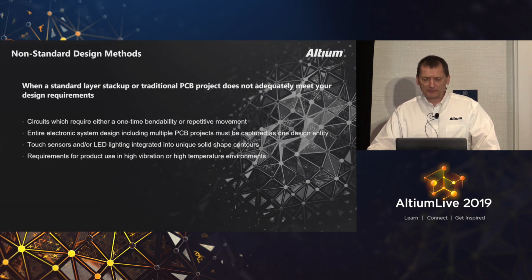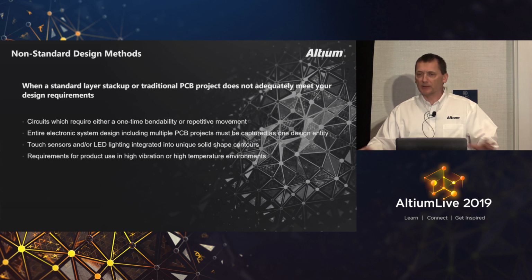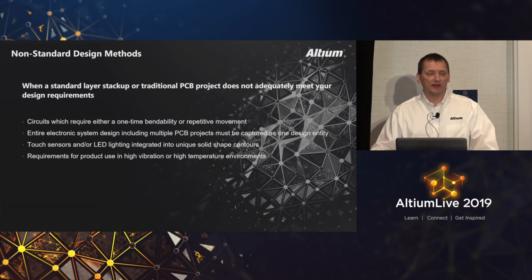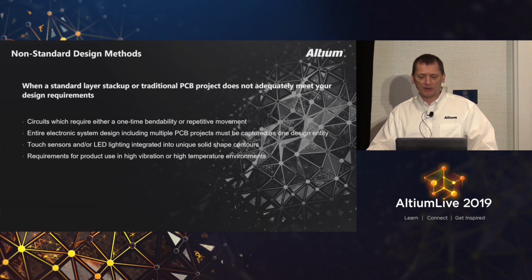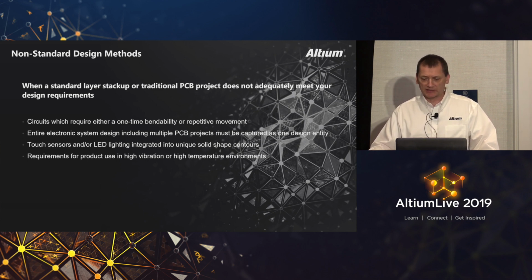And they want to skip the board altogether and kind of mold that into something solid shape and have all that conductivity in this printable, bendable, or solid form. So that's pretty interesting, and I'll show you what we've done and an example of what that would be.